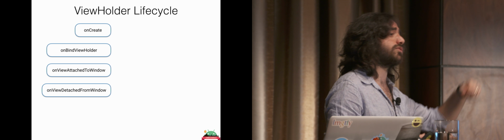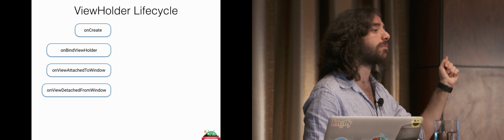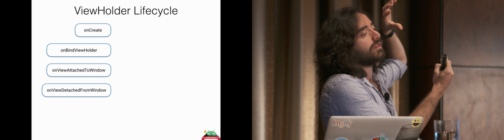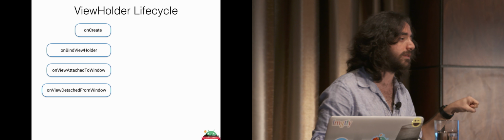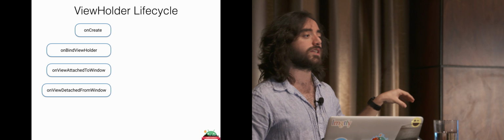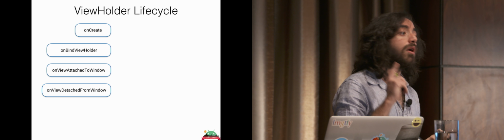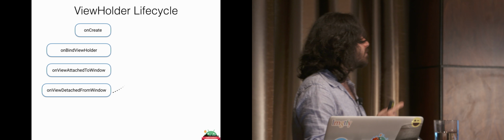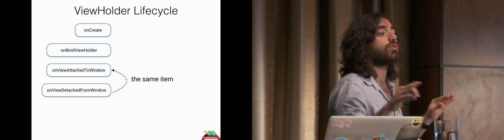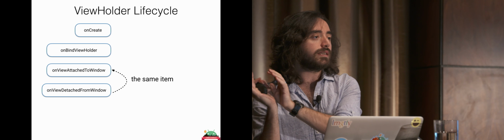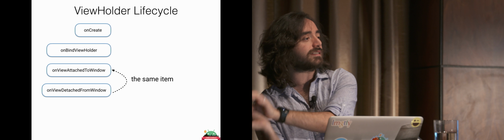And after maybe the user is scrolling or something else happens, the item might be detached. Like you're scrolling, it went out of bounds, the layout manager decided to remove that item, and we will call onViewDetachedFromWindow. At this point, you know it's not attached, but the important thing is we may reattach it without calling any other method, because we know this view still represents the same item.